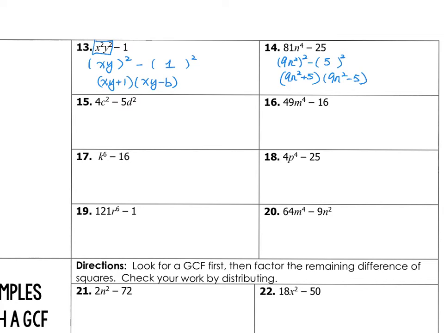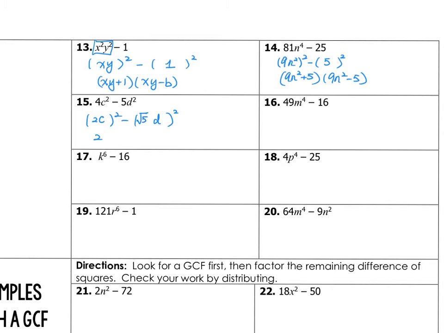Now, the next one is a little bit more challenging. I'm looking for something squared minus something squared. 4c squared is easy. 2c times 2c is 4c squared. Now, d squared, I can just square root to get d. But what do I do with 5? I can put in root 5.